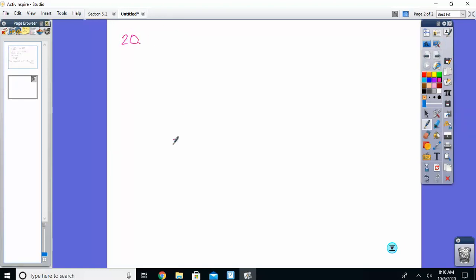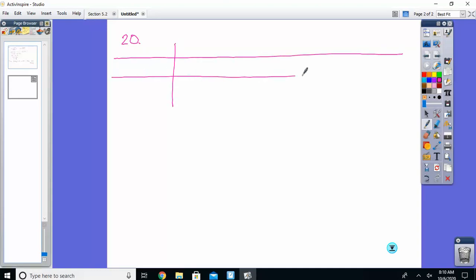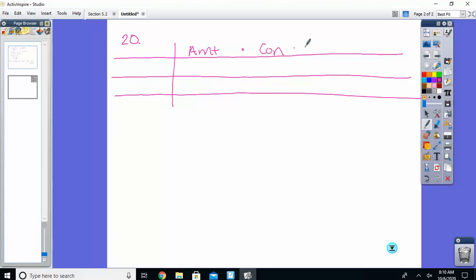So problem 20. This is one of the mixture ones. So our strategy was always to make a table here. Across the top we put our formulas. Am I giving you that on the test?